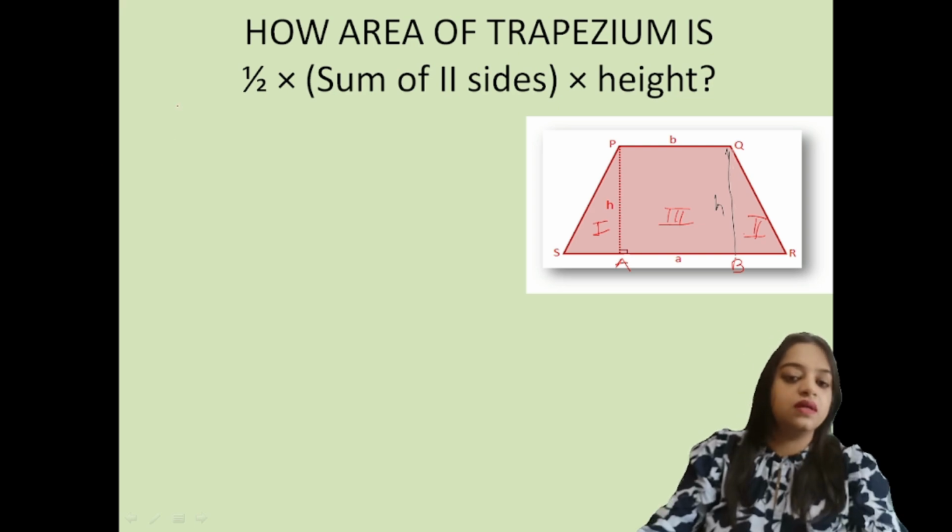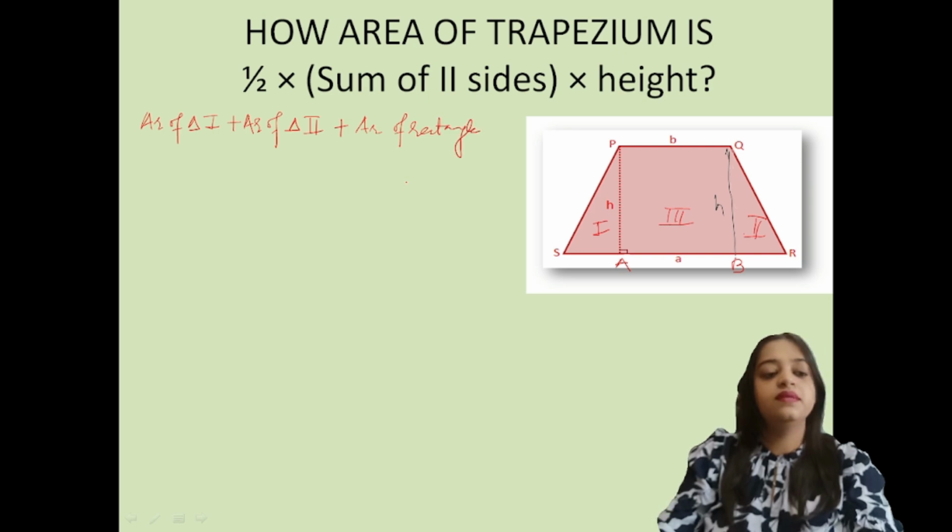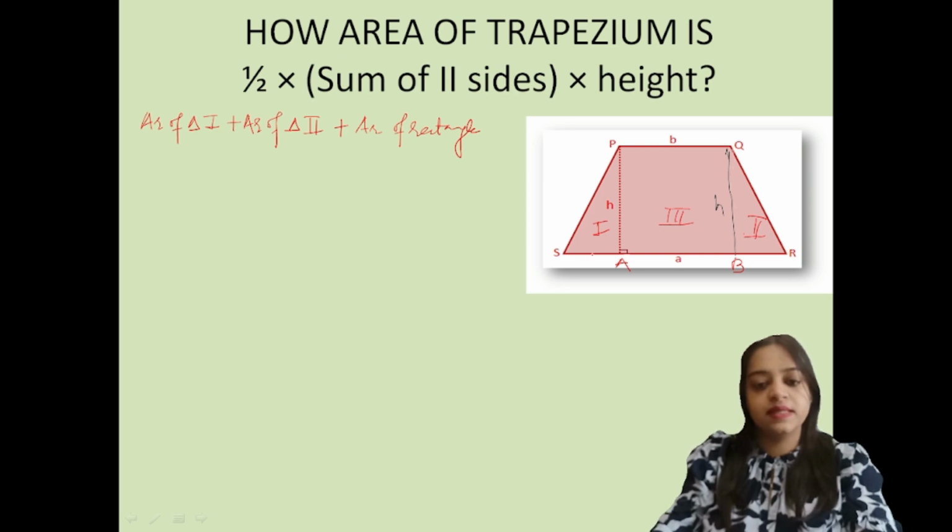So let's start with the working now. Area of trapezium here will be area of triangle 1 plus area of triangle 2 plus area of rectangle. Right, now you know area of triangle, it is half into base into height. ठीक है, so triangle 1 के लिए I am assuming this length AS as x and this length BR as y, right?